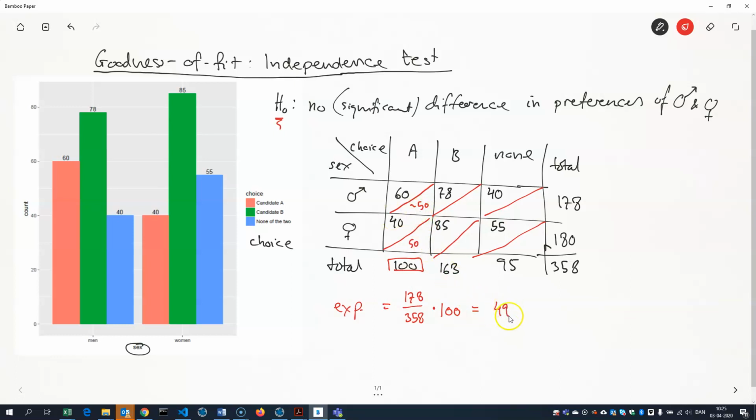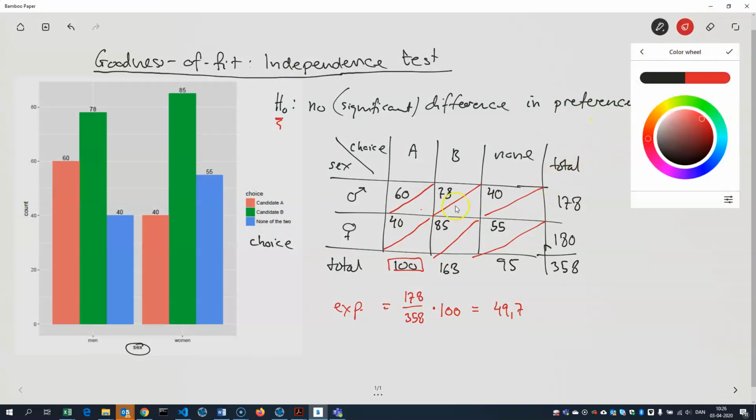So that's something like 49.7. I'll just erase these rough numbers here.